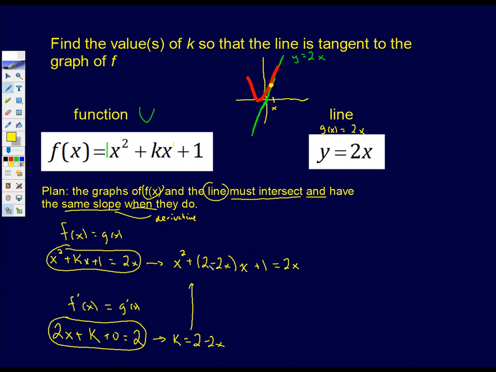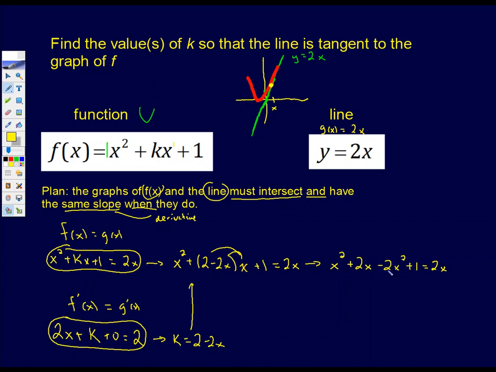This equation can just be solved for x, but let's expand out the parentheses right there. So that would lead to x squared plus 2x minus 2x squared plus 1 equals 2x.